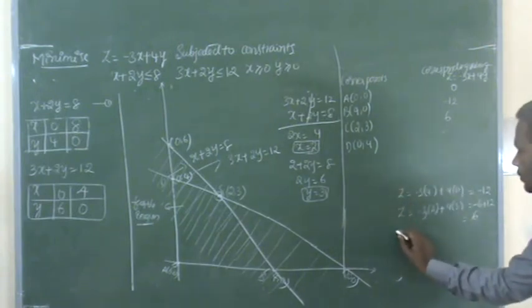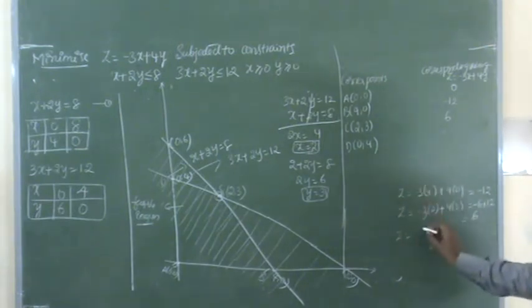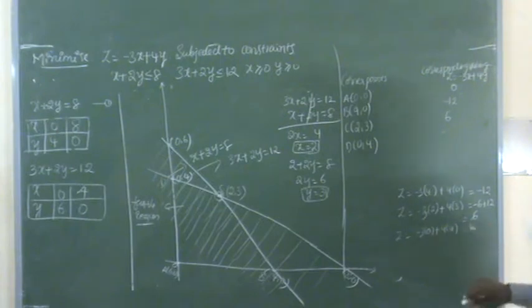And finally, for 0, 4, z is equal to minus 3 times 0 plus 4 times 4, which is equal to 16.